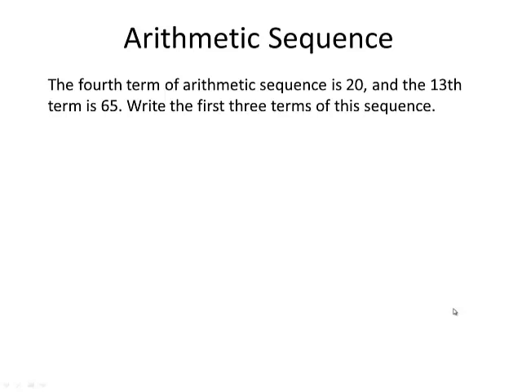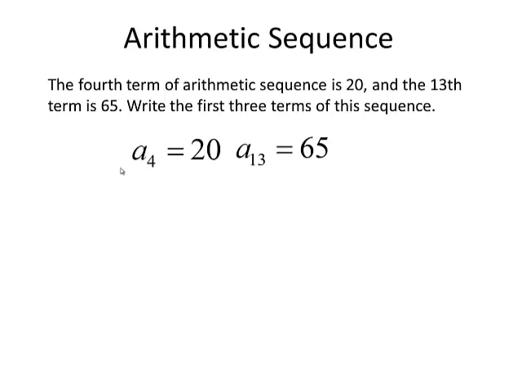The fourth term of an arithmetic sequence is 20, and the 13th term is 65. Write the first 3 terms of the sequence. Well, if you know that the fourth one is 20, in other words, x is 4 and y is 20, and the 13th term, x is 13 and y is 65, could you find some kind of linear equation for that?